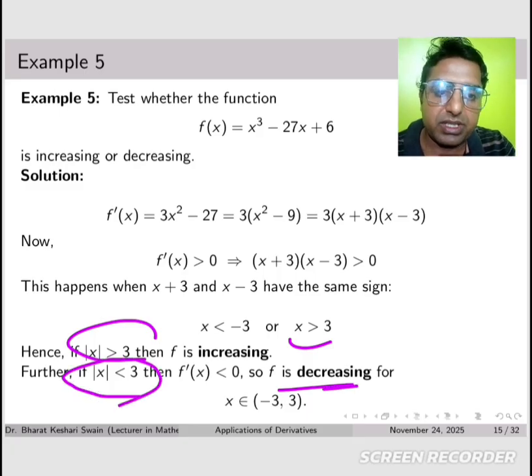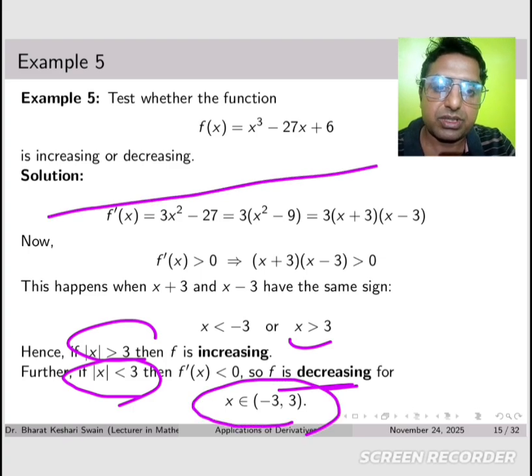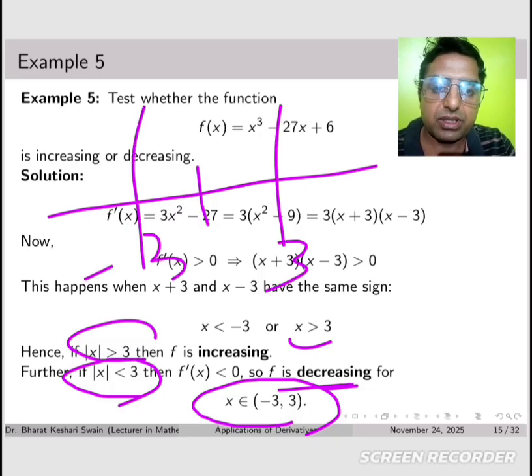So f is decreasing for the interval minus 3 to plus 3. This is your minus 3 to plus 3, and this is 0.